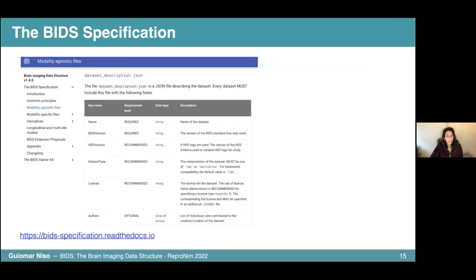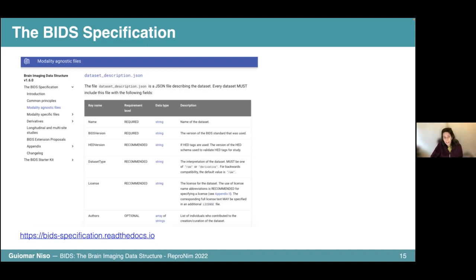For example, here we have a dataset description for a study, and you see there are some fields and then some requirements. There are some fields that are required, like the name or the BIDS version, other fields which are recommended, and finally some optional fields which are very good to have, but you can go without them.